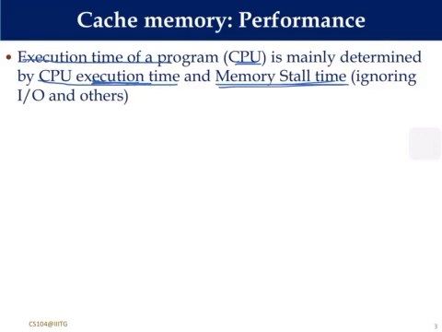As we know, if you look at the parts of the execution of an instruction, it consists of fetch, decode, and then actual execution or ALU, followed by memory and write back. And for some of these stages we need to go to the memory.